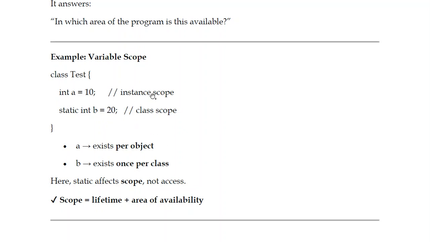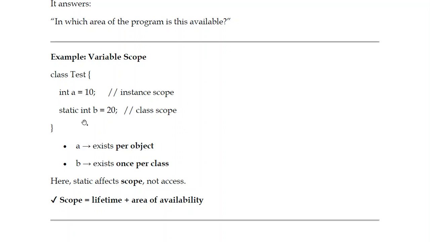What is instance scope? We already discussed that instance variables exist for each and every object. For each object you create, you will get separate memory for this a. Five objects means a gets memory five times. Instance variables belong to the object, so a exists per object.